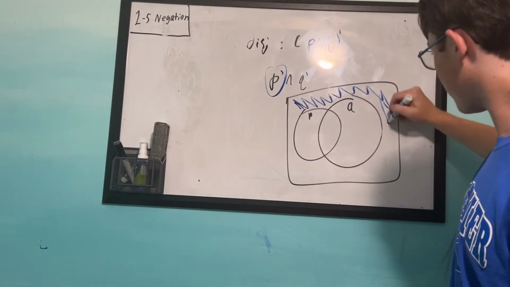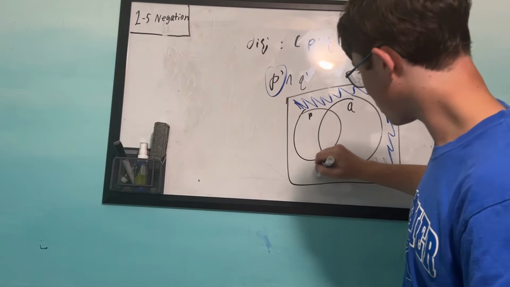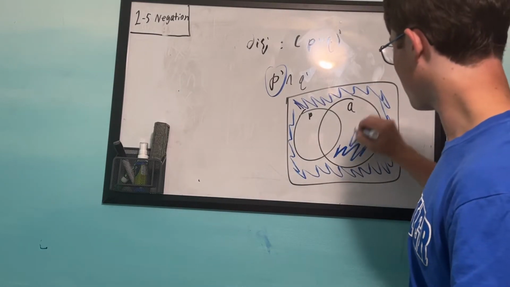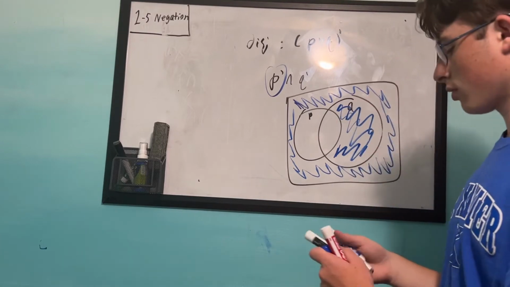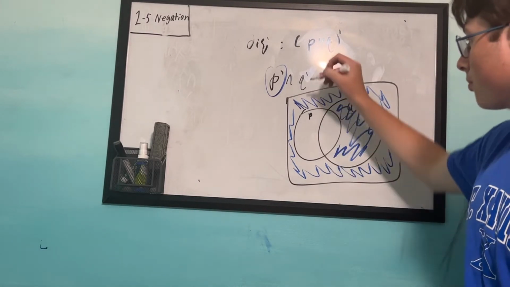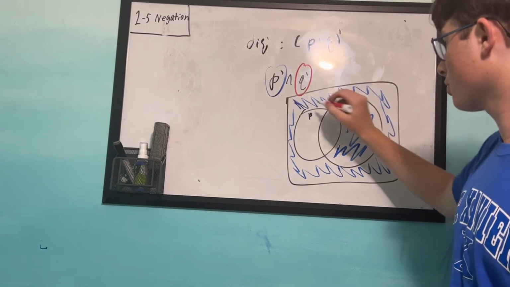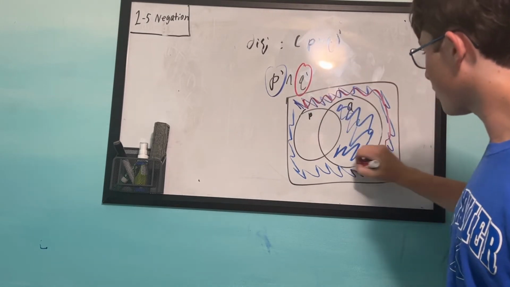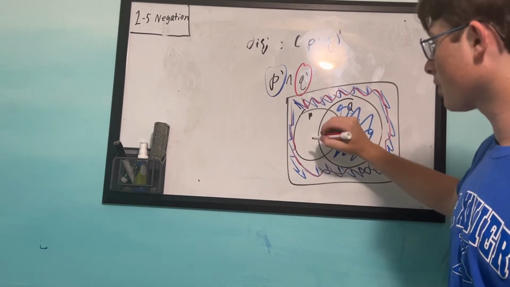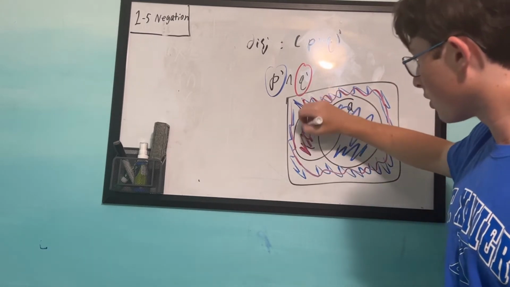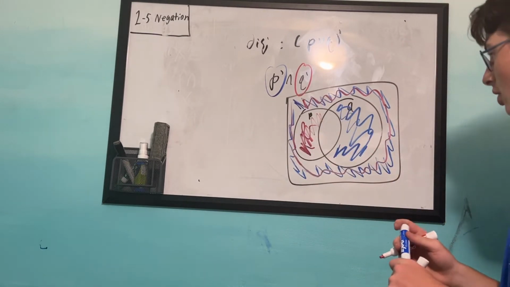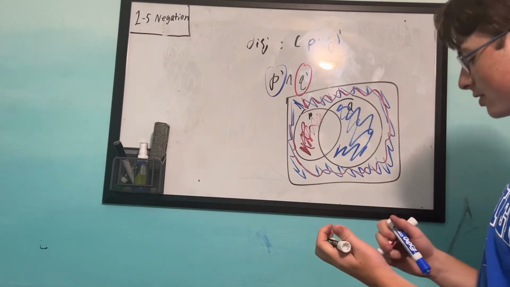None of this outside stuff is in P, so we can get all that circled, and nothing in Q is in P as well. Then, not in Q, so again, all this outside stuff is highlighted, and all this stuff over here in P but not in Q gets highlighted. And since we're trying to find and, we're trying to find the spot where both statements hold up, which is everything on the outside.